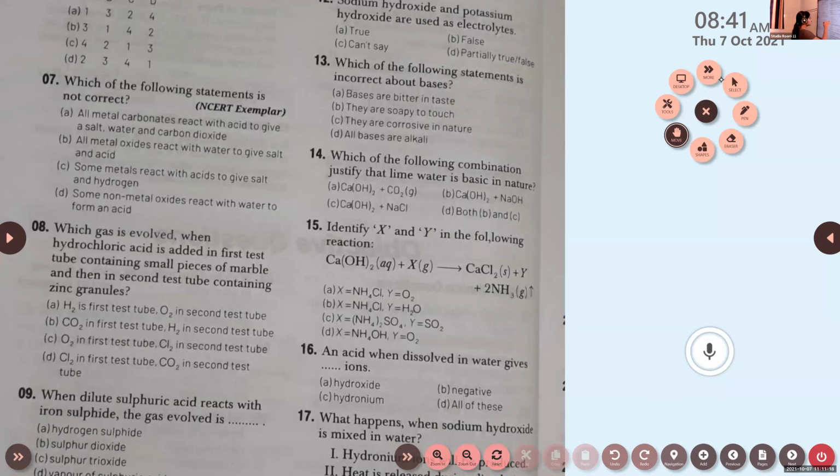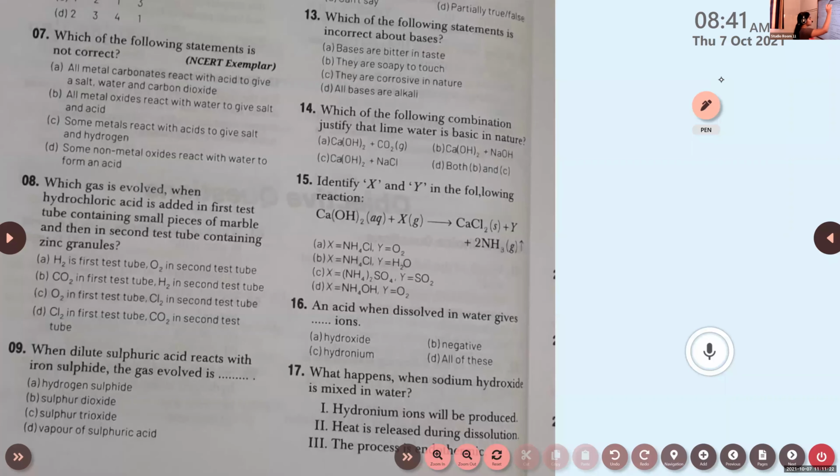Among these four options, NH4Cl, NH4Cl, (NH4)2SO4, NH4OH, which one?